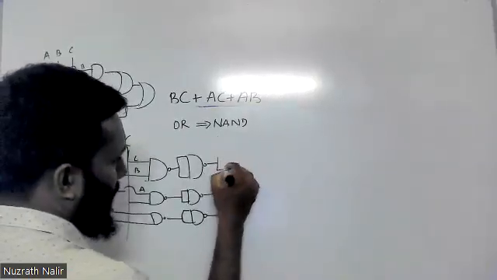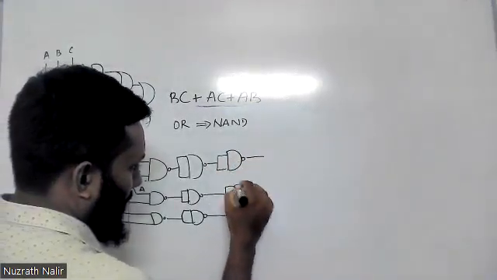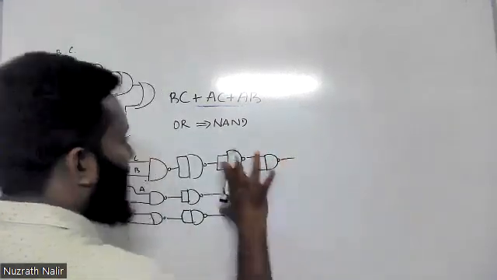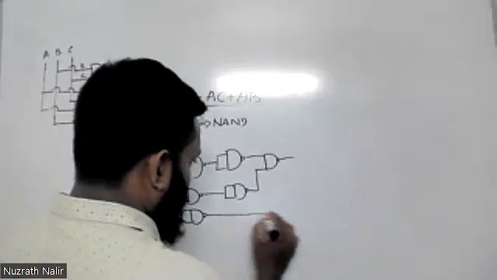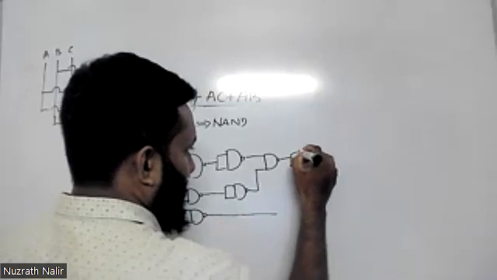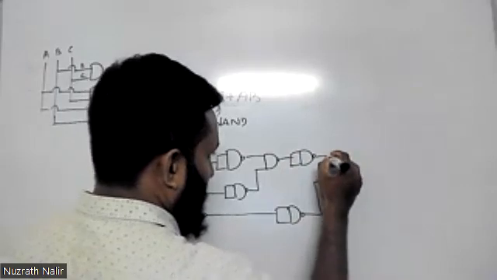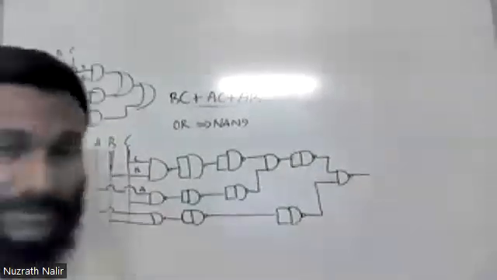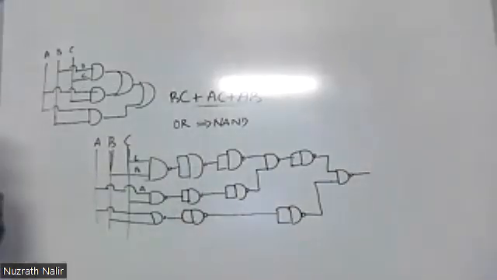Now this is your OR gate. So the second OR. Okay, is this clear? Any doubt, please let me know, I'll explain. So this is your NAND gate diagram.